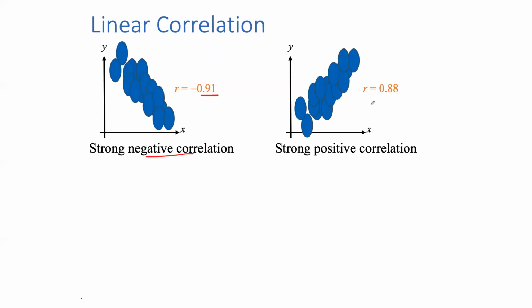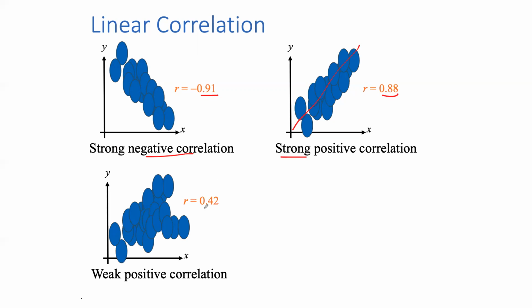R is 0.88. Again, the closer R is to either -1 or +1, that establishes the strength of the relationship. So in here, R is positive, so that tells us we have positive correlation, and it's strong positive correlation because the magnitude of R is 0.88.